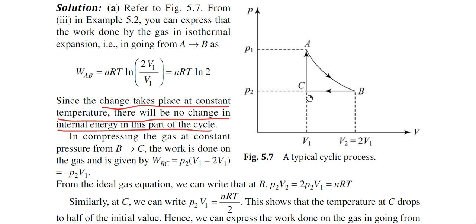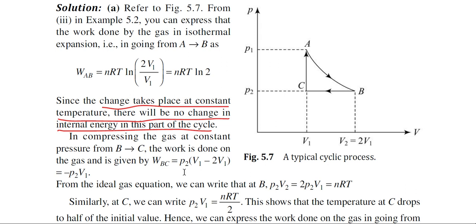Why P2? Because in this straight line BC, the pressure is fixed, it is P2. Then the change in volume: at the point C the volume is V1, and at the point B the volume is 2 V1.